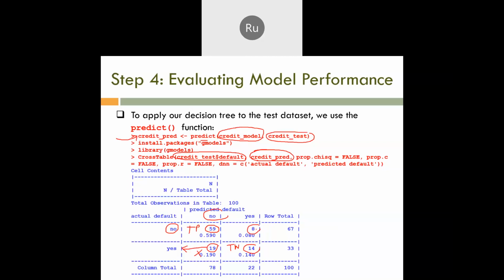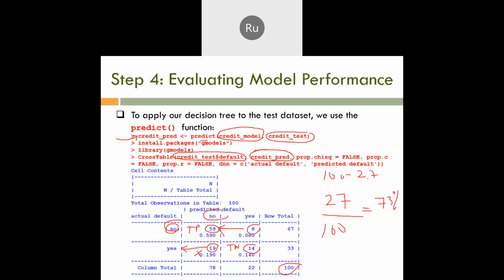And this one also, we predict them to be yes, but the data show that they are no. So the error would be 27 divided by 100 because we have 100 samples. This is the error, and the accuracy will be 73% because it is 100 minus 27.